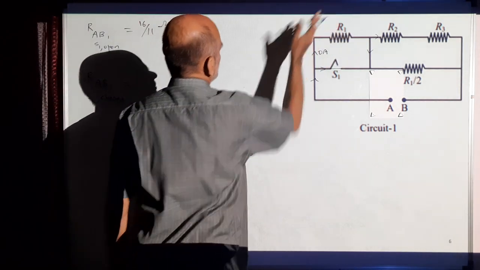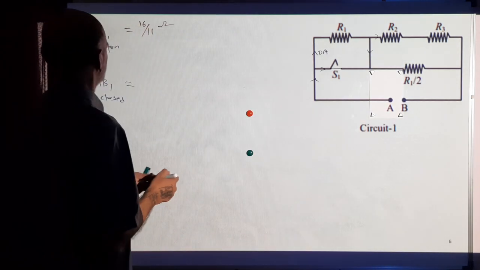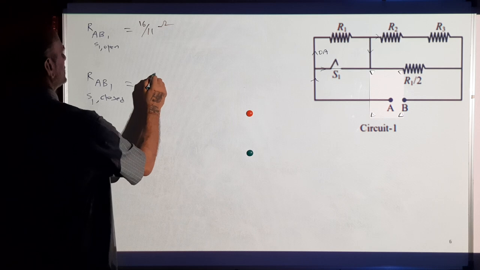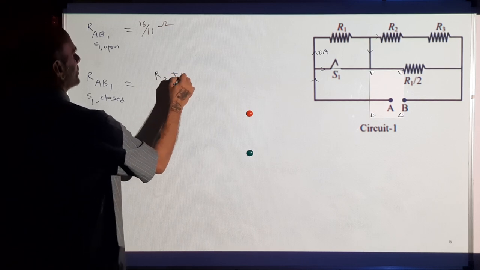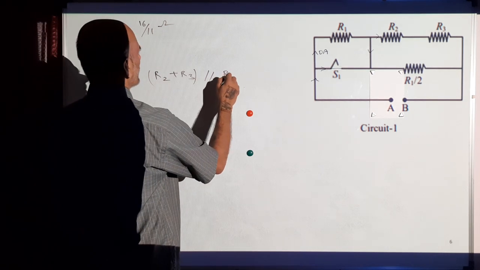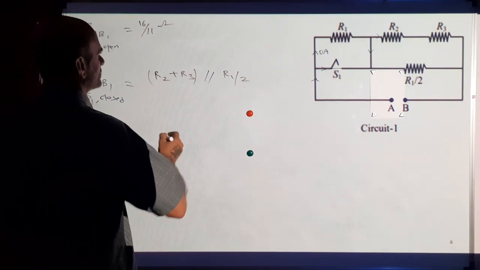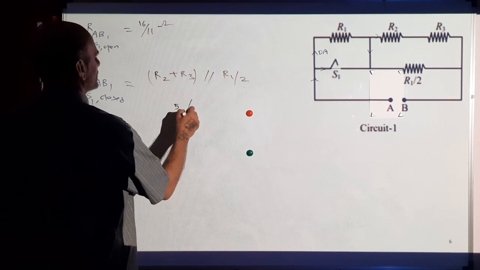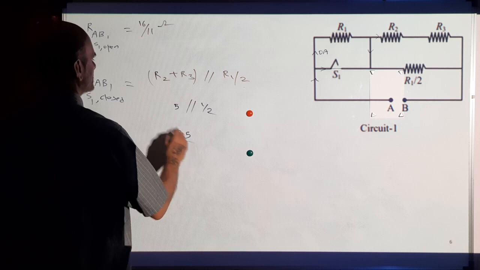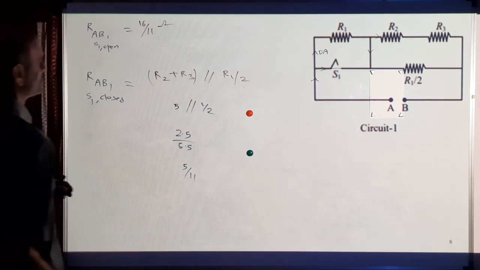So it's as if this resistance is not there. Then the total resistance is the combination of these two, that is R2 plus R3 in parallel with R1 by 2. So R2 plus R3 is 5 in parallel with half. Product is 2.5 divided by the sum is 5.5, which is 5 by 11 ohms.